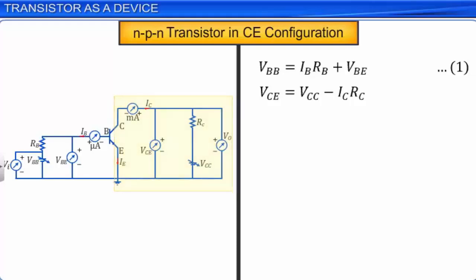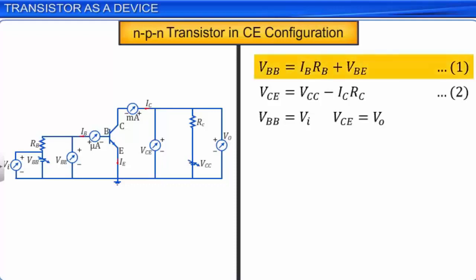Here the input voltage VBB is represented with VI and the output voltage VCE is represented with VO. Then equation 1 can be written as VI is equal to IB into RB plus VBE. Let this be equation 3.